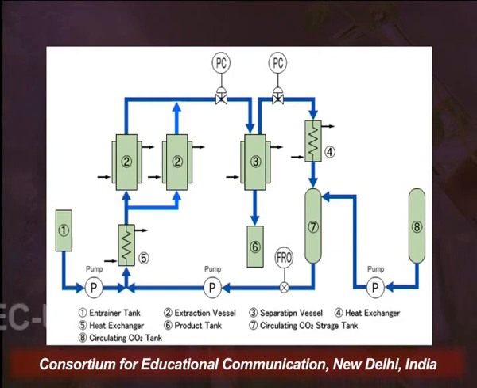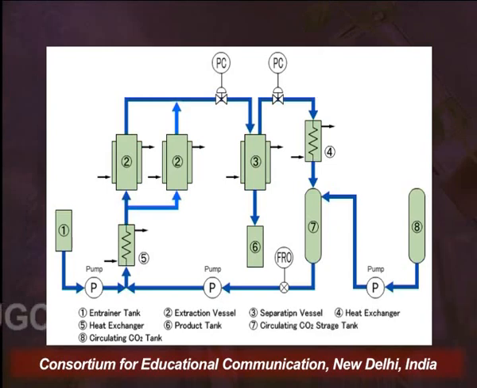Now carbon dioxide along with the entrainer enters the heat exchanger, wherein they are maintained at the pressure and temperature conditions required in the extraction vessel. So this preheated and pre-pressurized mixture of solvent and co-solvent is introduced into the extraction chambers, which are labeled by 2.